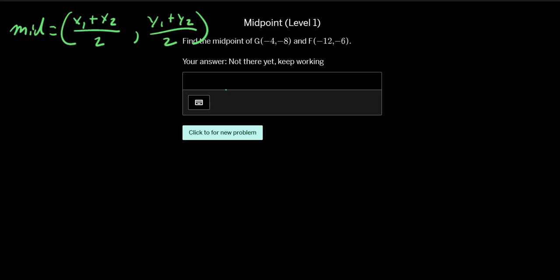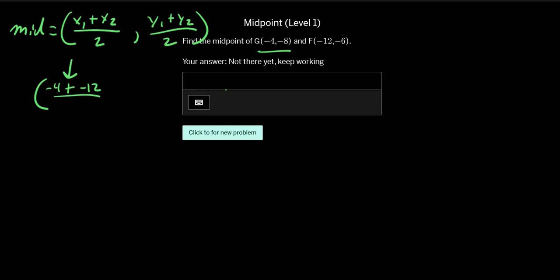So x1 means you look at your first coordinate that's given. That's -4. And then x2, plus -12. Notice how I'm doing plus negative. That is fine, because I'm representing with that plus sign that I'm combining these two numbers together.